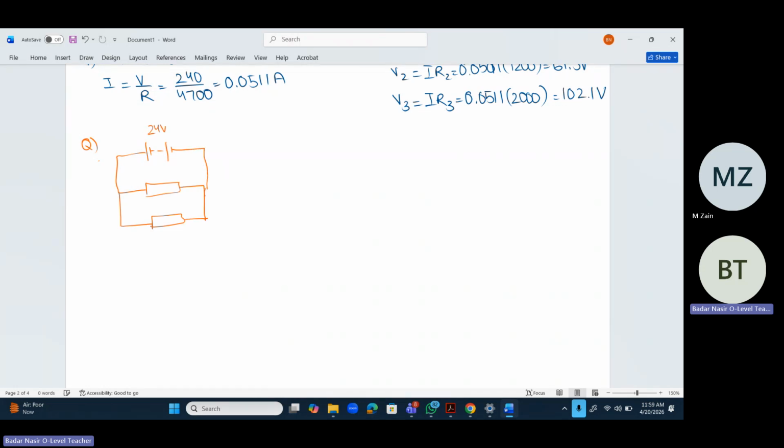This is 24 volts, 100 ohms, 150 ohms. This is I1, and this is I2. We have to calculate I1 and I2.